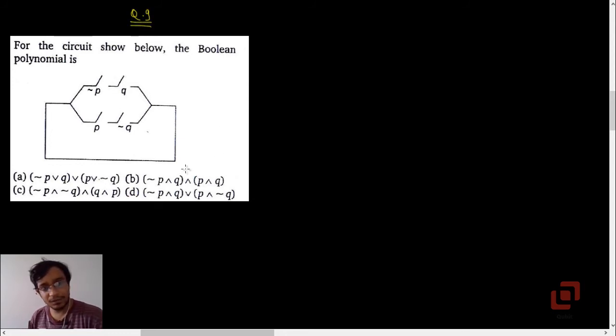For the circuit shown below, the Boolean polynomial is, well, I think you can do it very easily. First branch, negation P, Q in series. Then you have got these two arrangements in parallel, right? So it must be a disjunction. And what's there in the second branch?